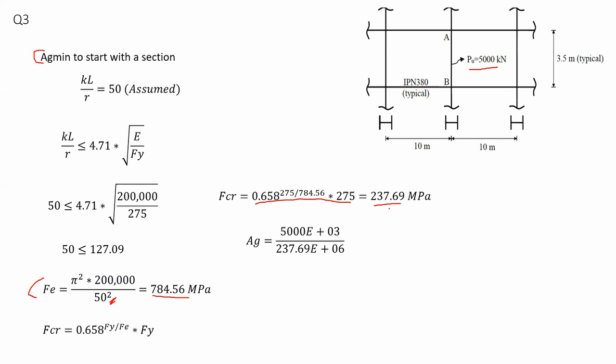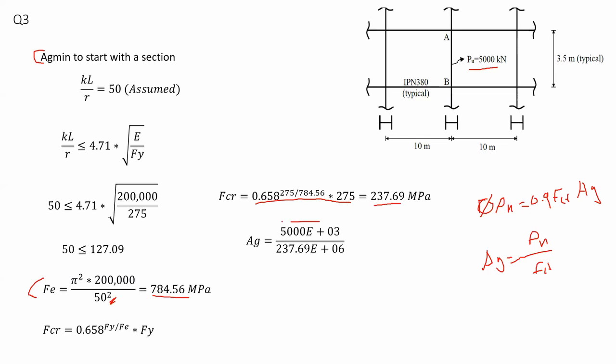Now, since I have Fcr, and I'm given in the problem that the load is 5,000 kilonewtons, what I'm going to do is divide the load by Fcr. Of course, you still remember this equation: the capacity of the member is equal to 0.9 times Fcr times Ag. If you manipulate this equation, Ag equals Pn divided by Fcr.